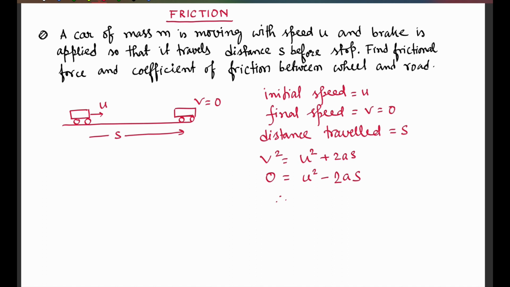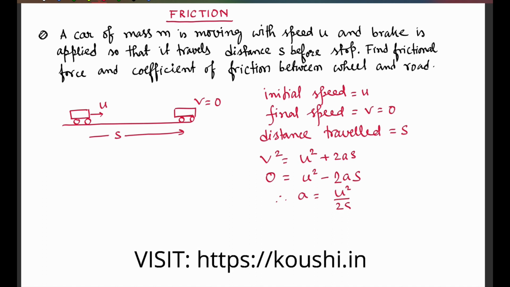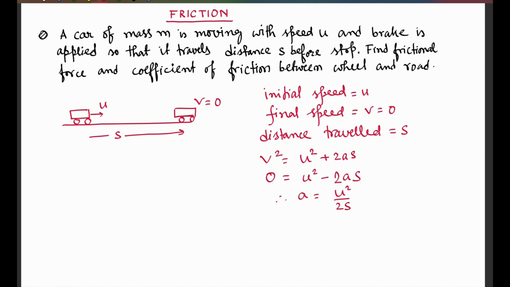Therefore a is u square by 2s. Therefore frictional force, which is equal to retarding force, is F is equal to m into a. So m u square by 2s.